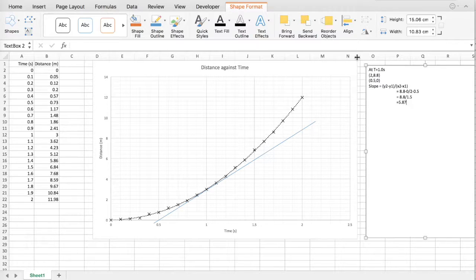So we'll put in 5.87 meters per second. So we now have a reasonable estimate of the speed at t equals 1.0 seconds.